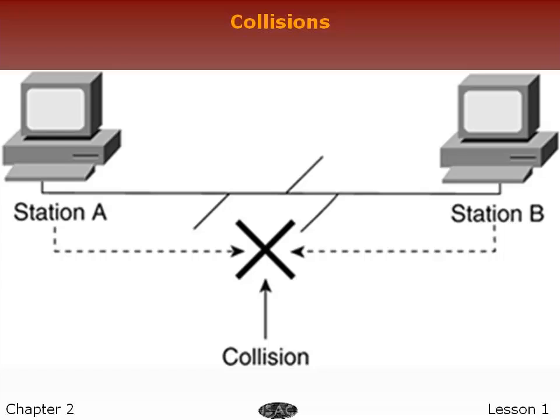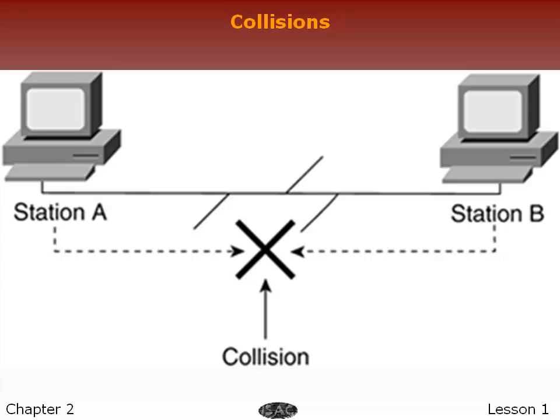If the network is not available, Station A waits until the current sender on the medium has finished. Let's suppose that Station A believes the network is available and tries sending a frame.